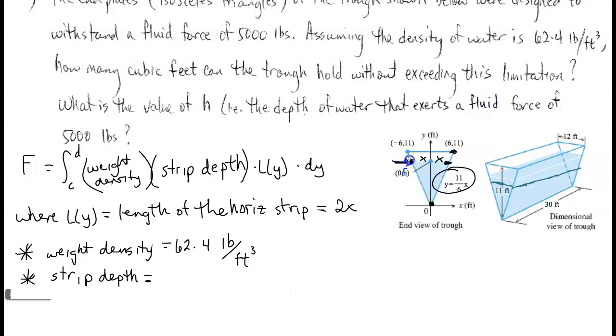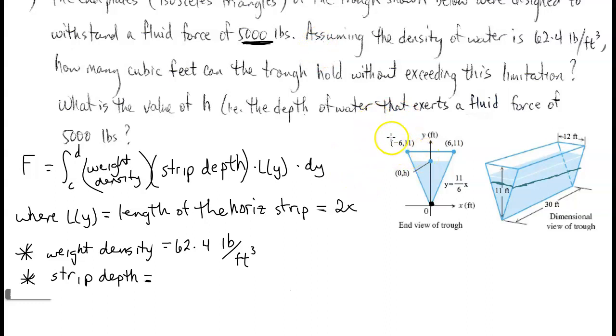whatever height this is going to be is h, but in general, and let me erase this here to make this a little bit more clear. In general, we know that the height of the water at the point where we need to stop, which is when we have this 5,000 pounds of force here, that's going to be some constant value, okay?